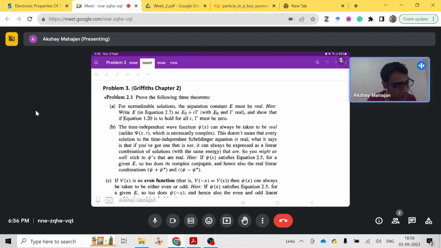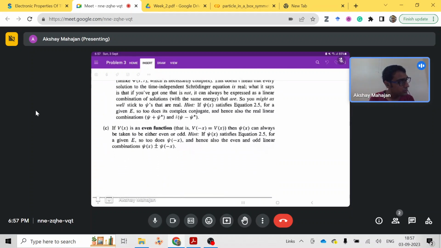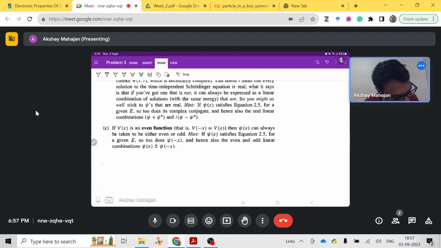In problem number 3, we have to prove three theorems. First, for a normalizable solution, the separation constant E must be real. So basically, let me just go to the solutions.